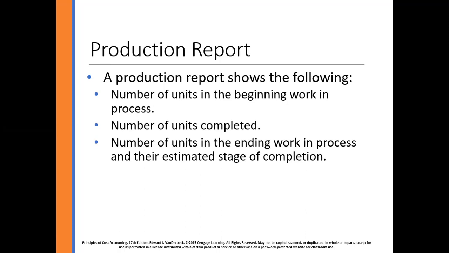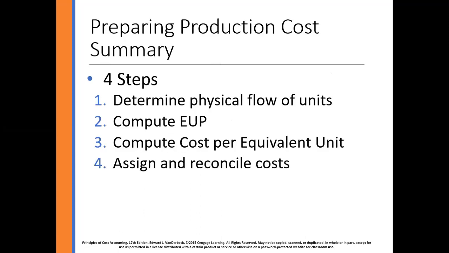And what we end up doing with this production report and then the production summary is that we account for our cost, what we had at the beginning of the month versus what we had at the end of the month, right? And we make sure that we can account for those costs for each unit. So there's 4 steps to preparing this production cost summary.